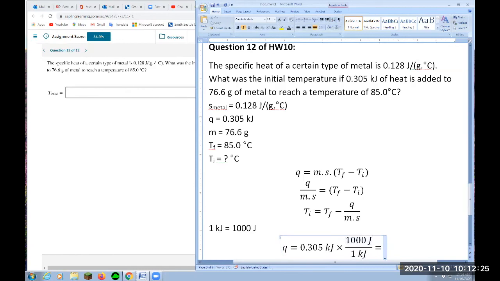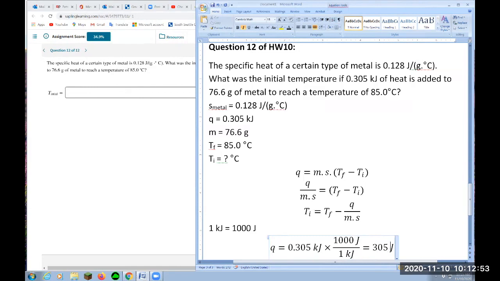This way kilojoules cancel, and we are left with joules, and that's what we want. So the answer will be in joules. It comes down to multiplying 0.305 times 1,000, and that's 305 joules. Keep the same number of sig figs there. And anyway, it's an intermediate answer, you should not round.